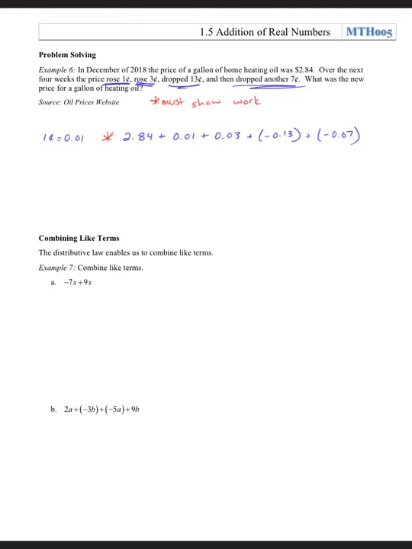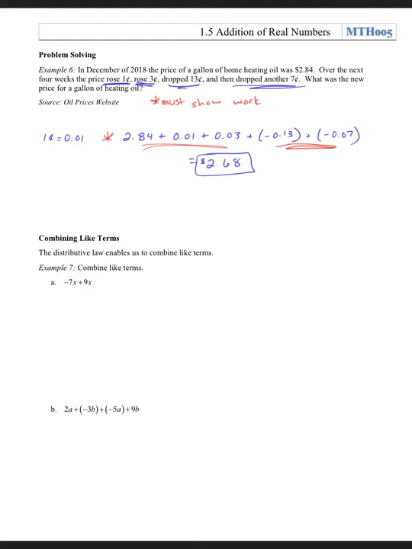When we calculate this, the new price is $2.68 for the price of gas. You don't have to show all the work of this. What I'm looking for is that you're able to translate this to an algebraic expression. You could have worked through how we did the previous one and combined these two and these three and then combined everything together. That works as well.